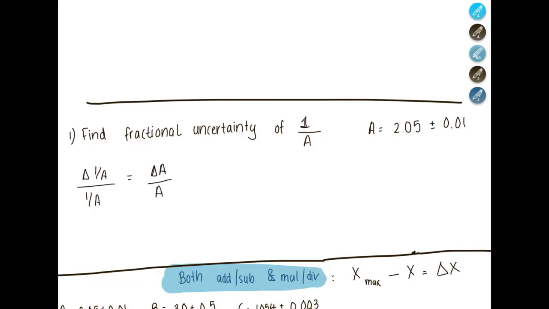So delta 1 by a equals delta a, which is 0.01, divided by a, which is 2.05, and then you're going to multiply this by 1 by a. 1 by a is 1 divided by 2.05.